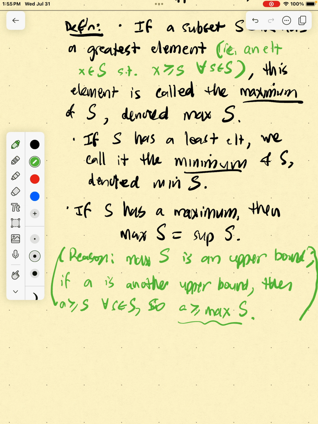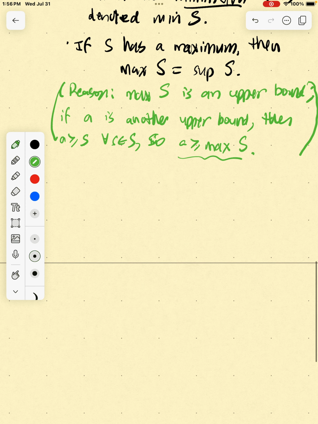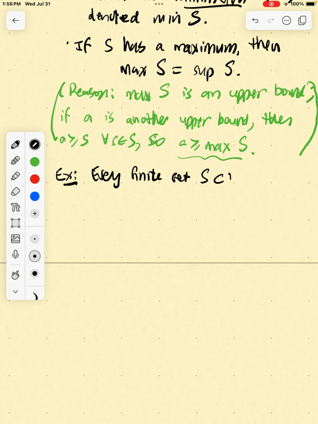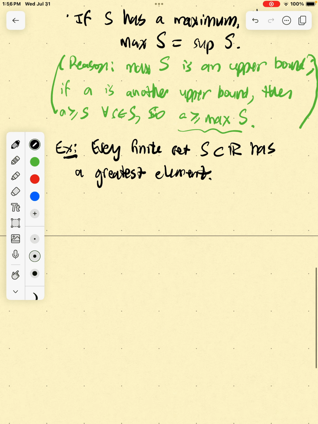All right, so let's look at some examples. Every finite set S of real numbers has a greatest element. I think that's clear.